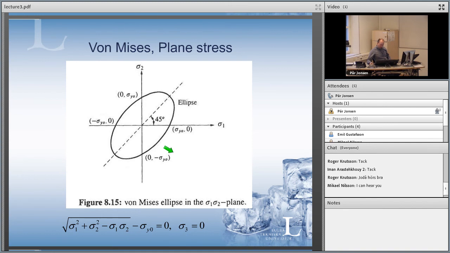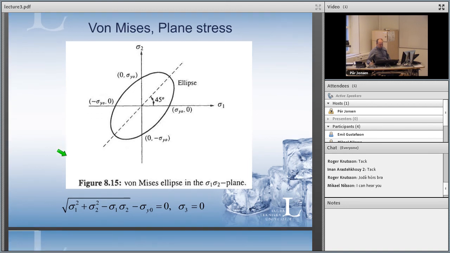So here you have a contribution from both sigma 1 and sigma 2. We can write the model like this. You can see you have the same properties all over the stress space here. Remember this picture when we look into the other models that come, because this one is symmetric, as you can see.